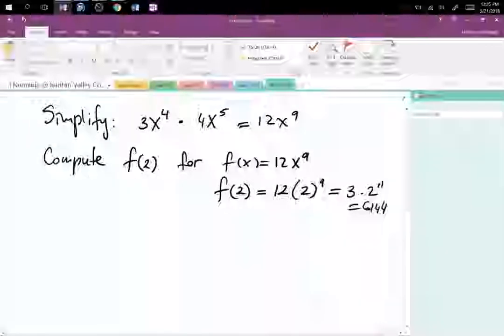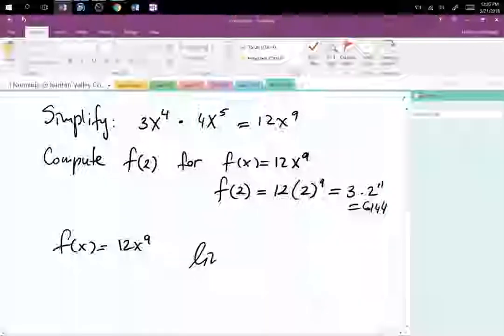Anyway, so now what's happening in calculus? Well, in calculus, we are going to focus on this function f of x, let's say 12x to the 9. And I would like to see the way this function changes if I apply, let's say, a limit to it, which is the concept that we are going to study today.